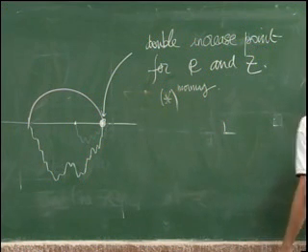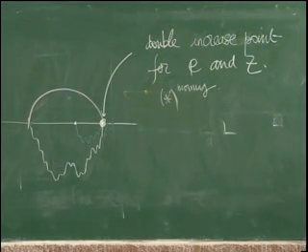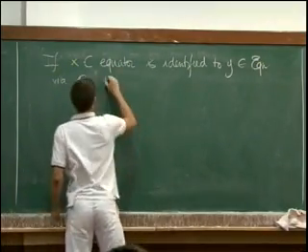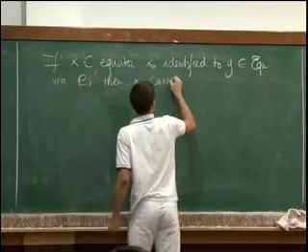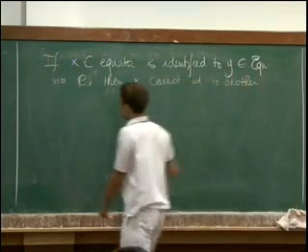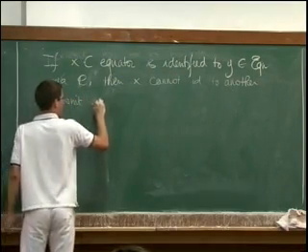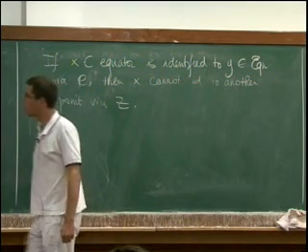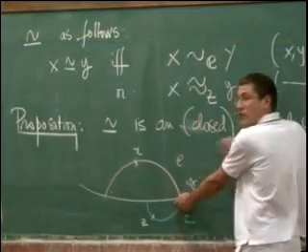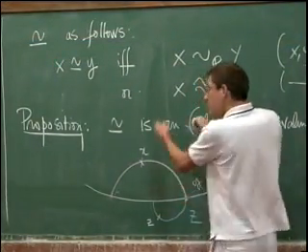If x in the equator, because it's the key point, is identified to y in the equator via E, then x cannot be identified to another point via Z. So this is an equivalence relation, because if this point is identified to this point, then if you've got another guy, then the other guy must be in the north hemisphere. So this is an equivalence relation.